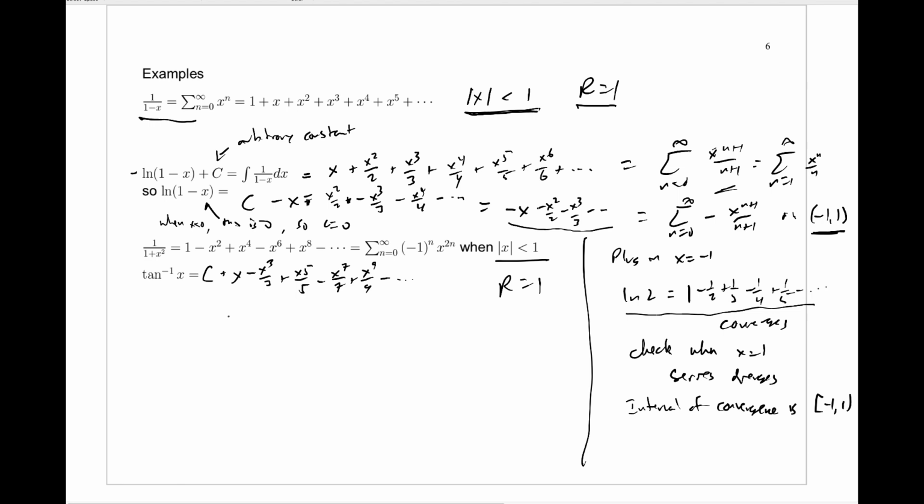If we want the general formula, we'll talk about the general formula in a minute. This is a series representation for the arctangent of x. But what is c? Remember, we just derived this by knowing that arctangent of x is an antiderivative of 1 over 1 plus x squared. Again, if we plug in 0 on both sides, we get 0 on the left, and all of these things are 0.